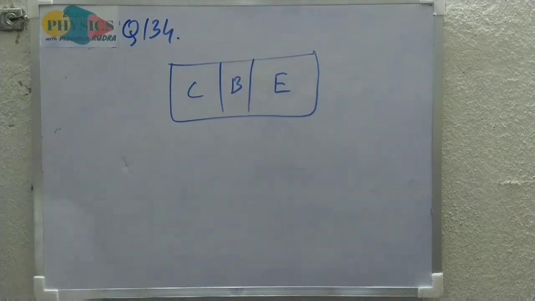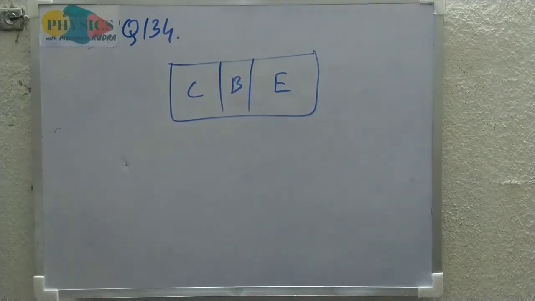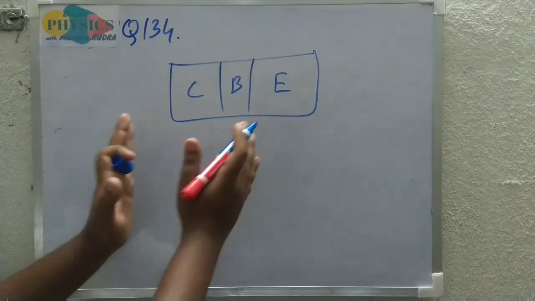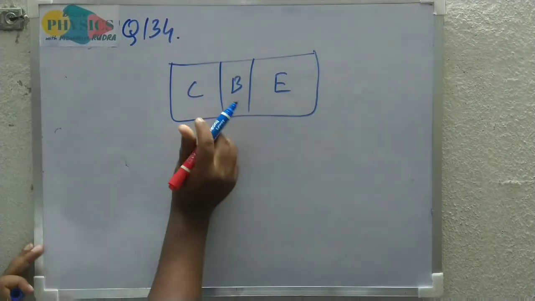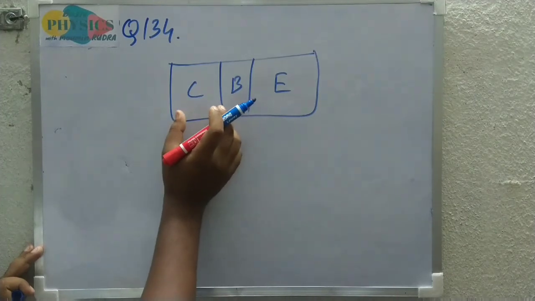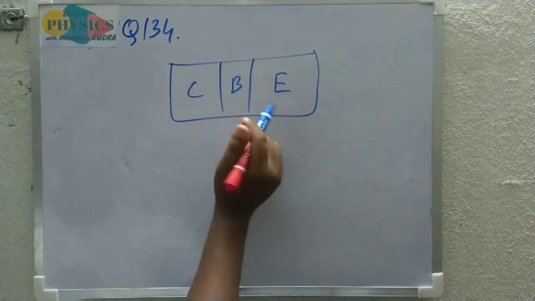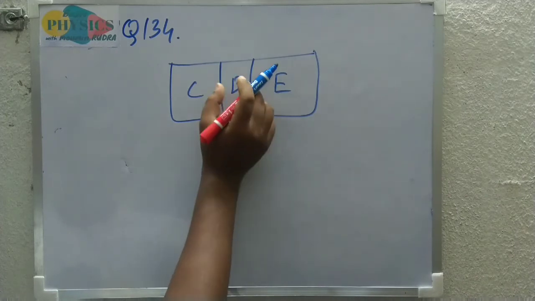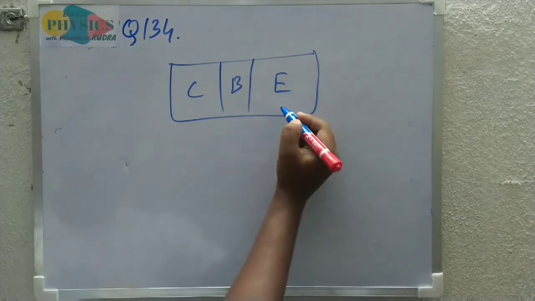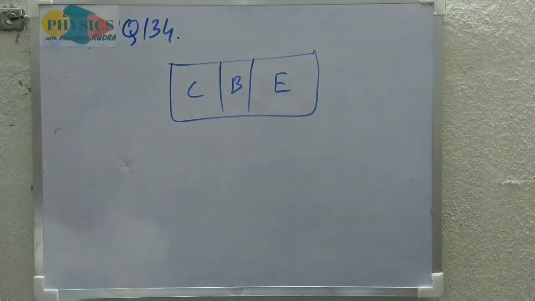Now question number 134. For a transistor action, which of the following statements is correct? The first option says base, emitter and collector regions should have the same size. No, not the same size. Collector is slightly larger, base is slightly smaller and lightly doped, and emitter is heavily doped.